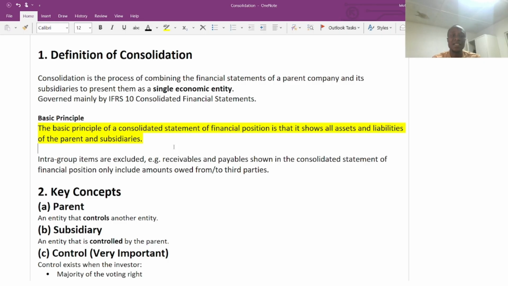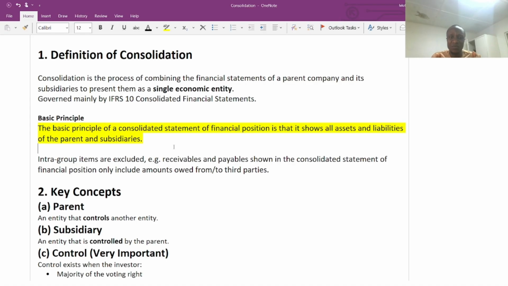Alternatively, if there's any intergroup transaction between the parent and the subsidiary, for example, the parent company sold goods to the subsidiary, we are going to look at it in detail in a later section. But for any intergroup transaction, for example, the receivable, if the parent sold goods to the subsidiary, then the subsidiary will recognize a payable, whilst the parent will recognize a receivable, because the subsidiary will have to pay the parent.